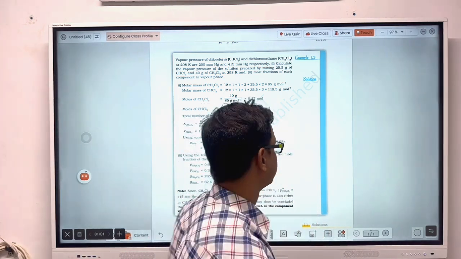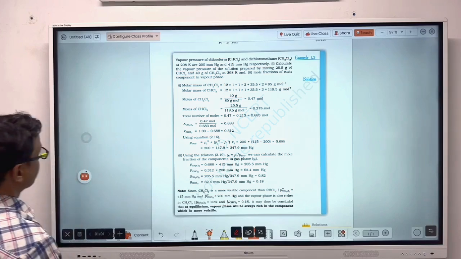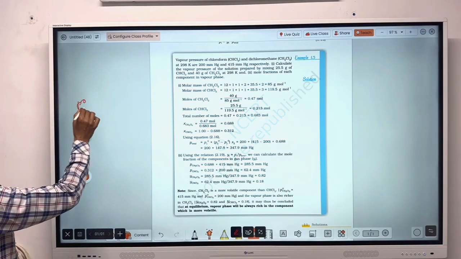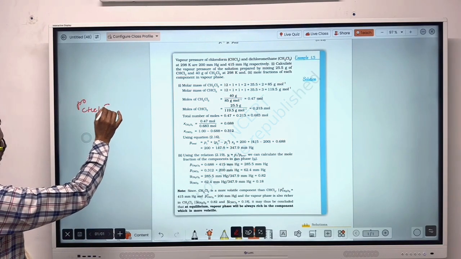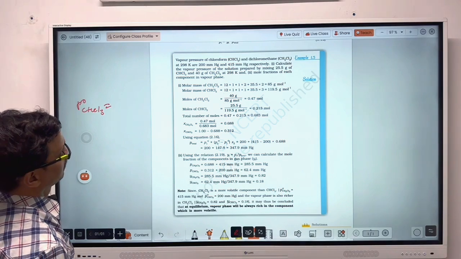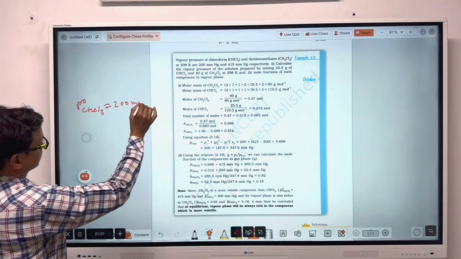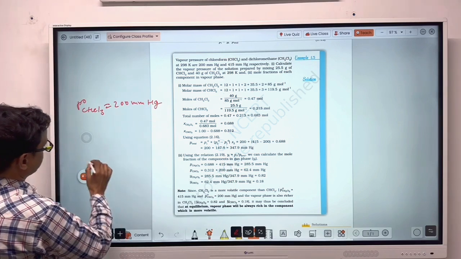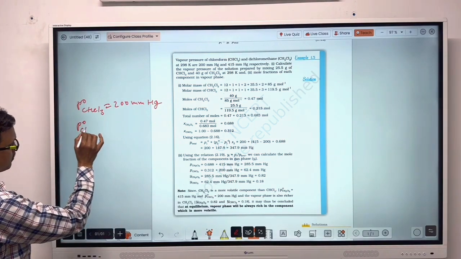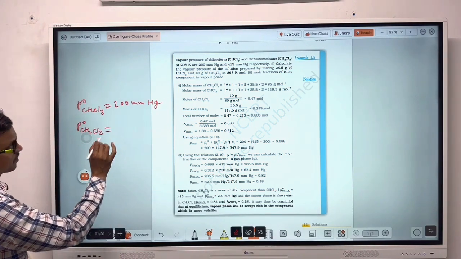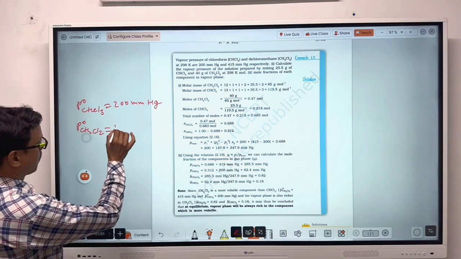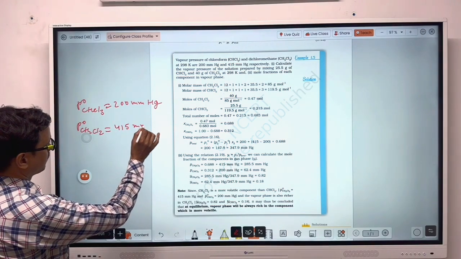Okay, so let's see here. The vapor pressure of chloroform in the pure state has been given, that is 200 mmHg. The vapor pressure of dichloromethane in the pure state has also been given, that is 415 mmHg.